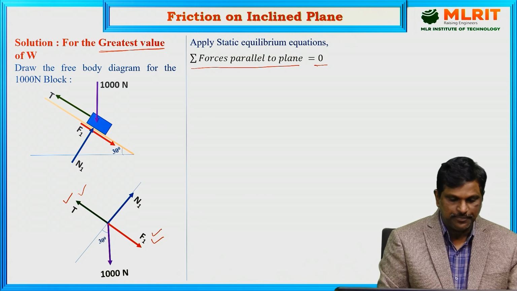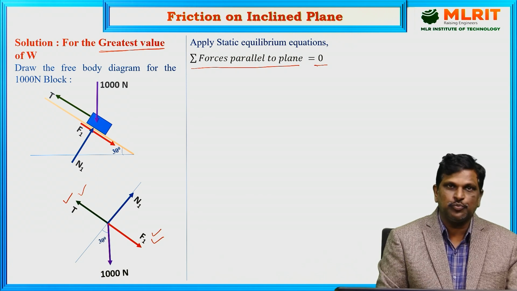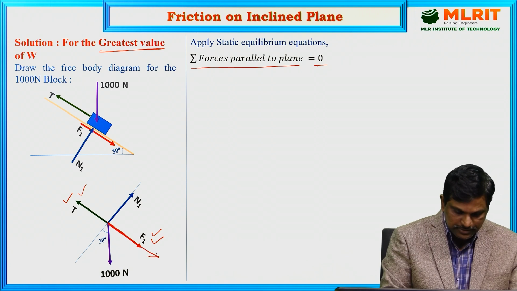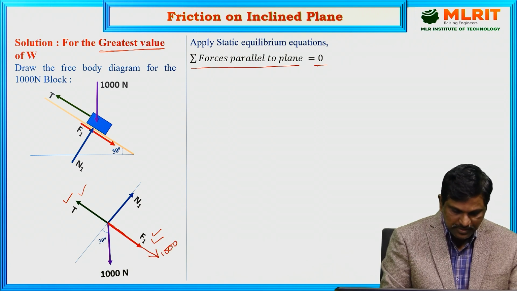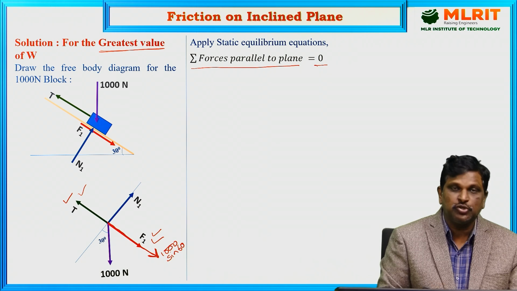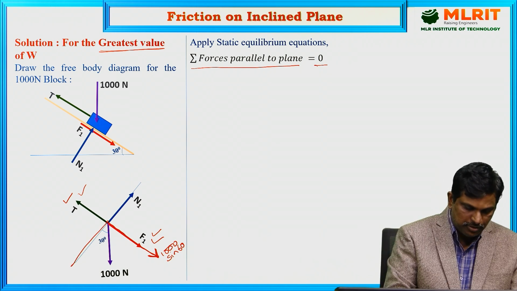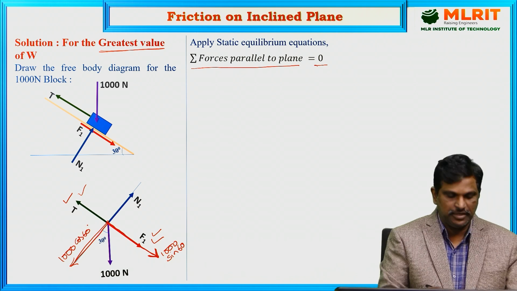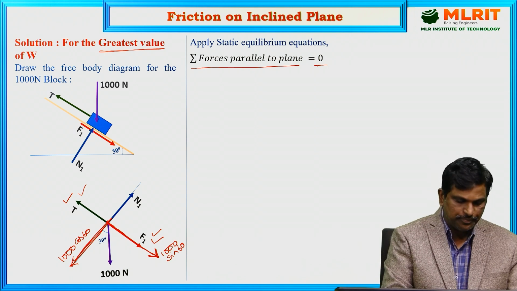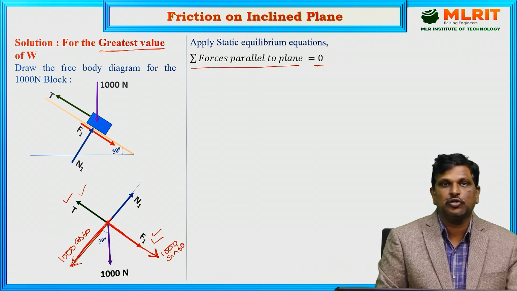F1 is acting parallel to plane in the downward direction, and the component of weight, that is 1000 sin 30, is acting parallel to plane in the downward direction. 1000 cos 30 is the weight component which is perpendicular to the plane and acting in the downward direction.